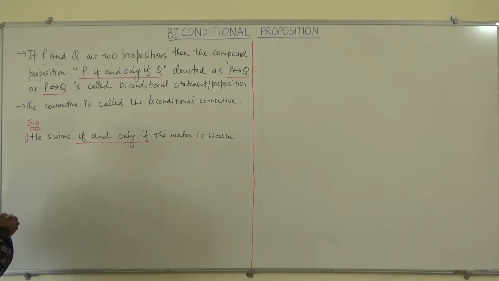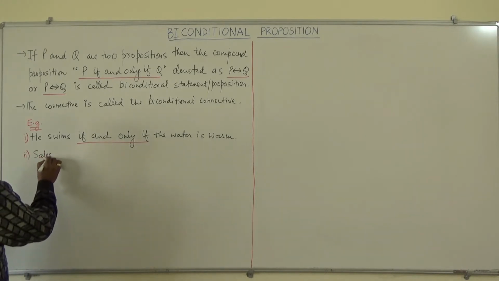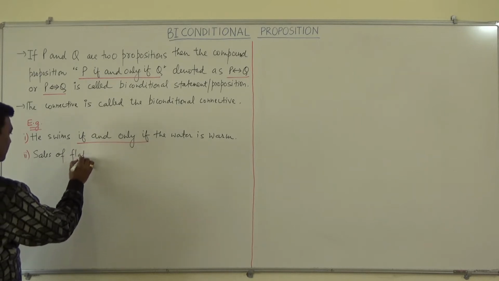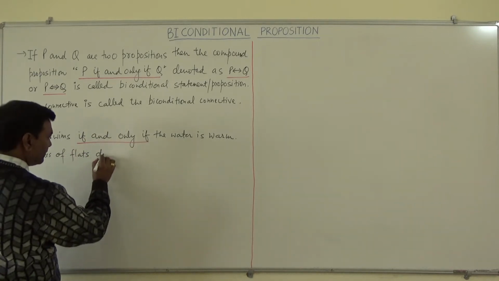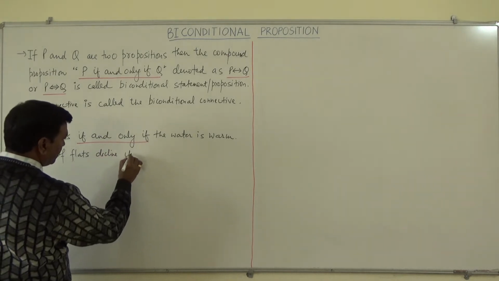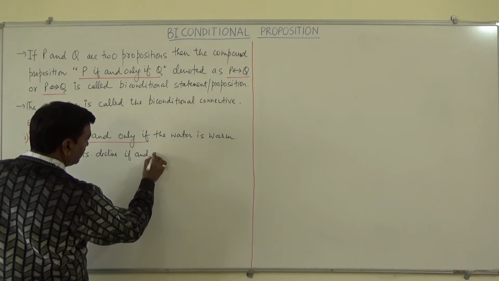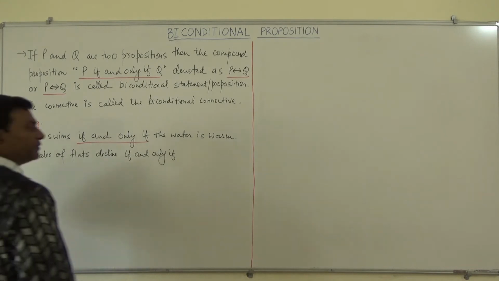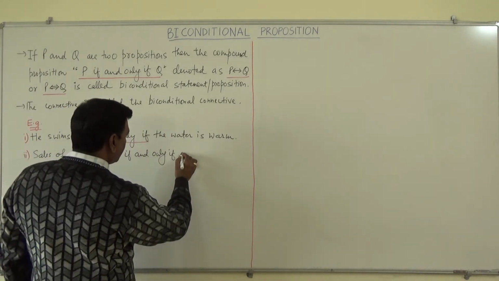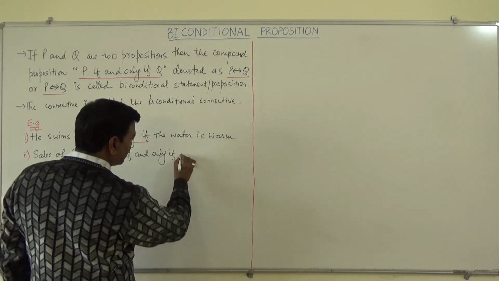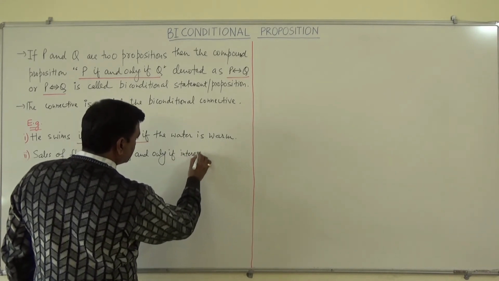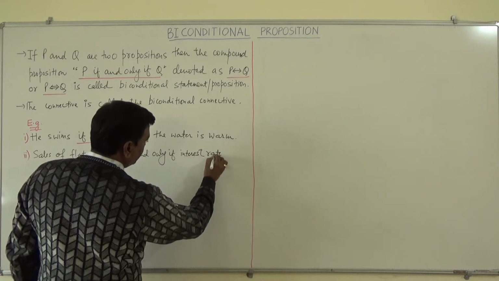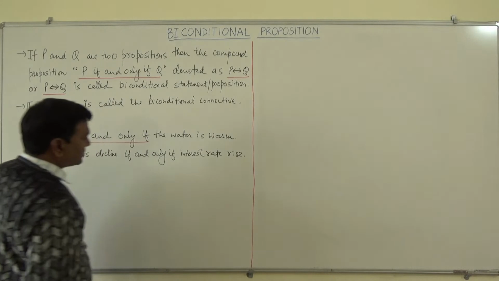So this is the first example, and second, we can say: the sales of flats decline if and only if interest rates rise.